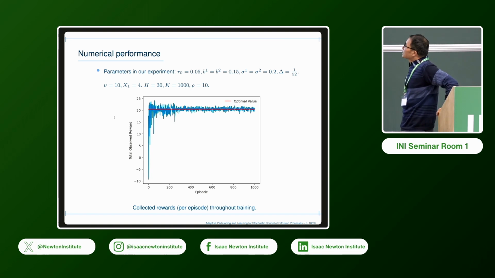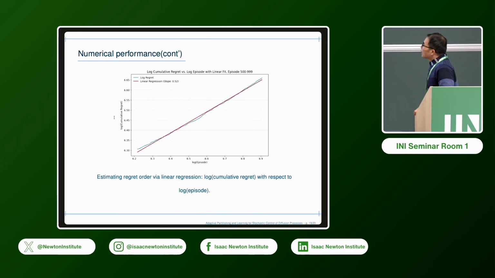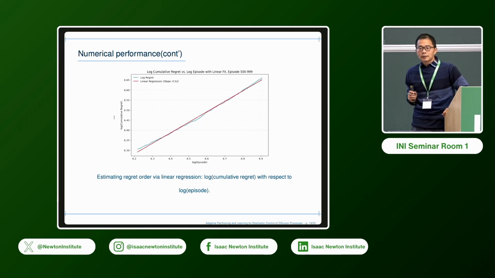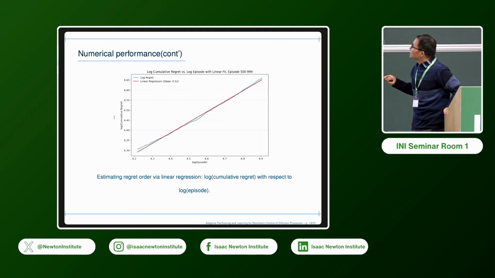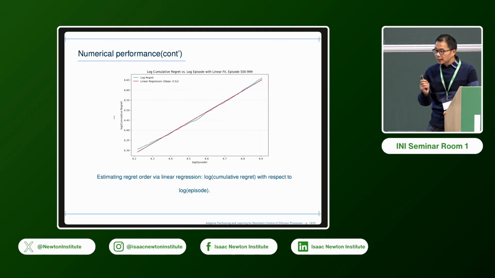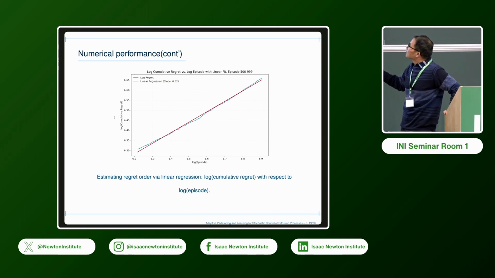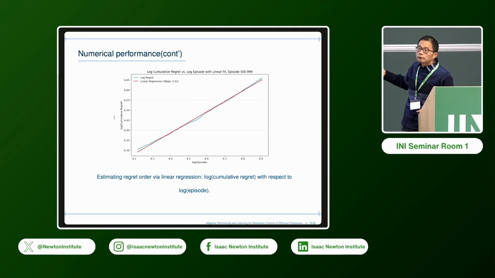Okay, and finally, this is a study on this convergence order. So we take the log points of our experiments, and we do this linear regression, and we find this log slope is about 0.52.